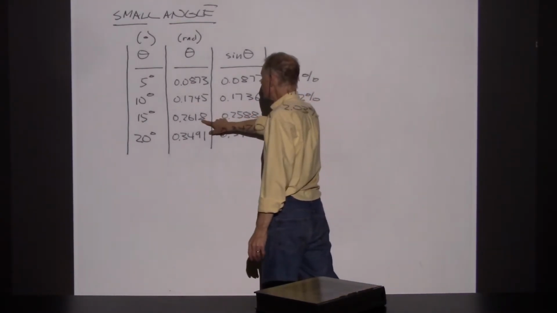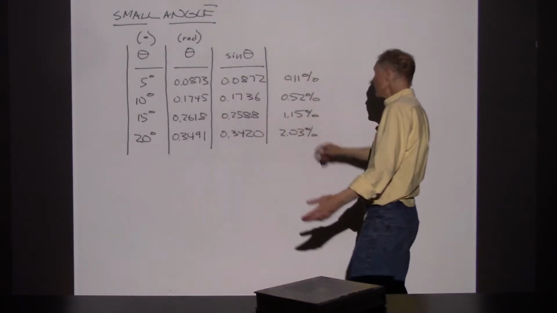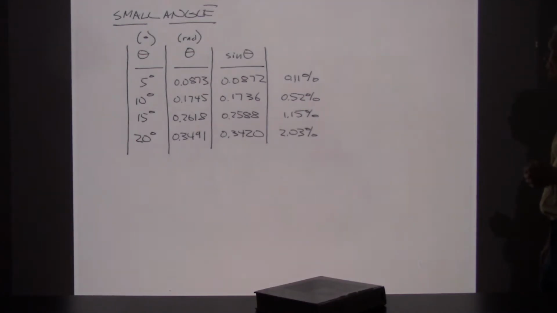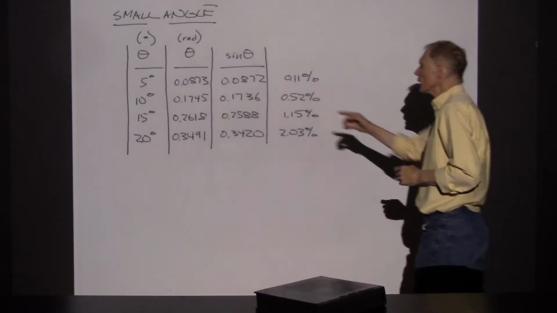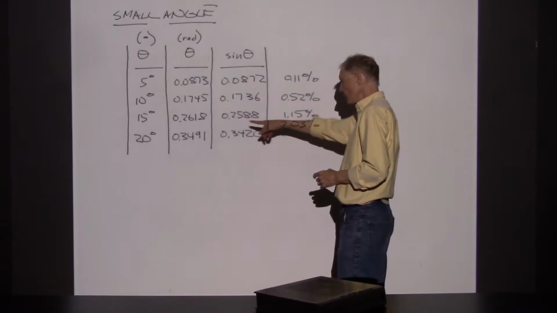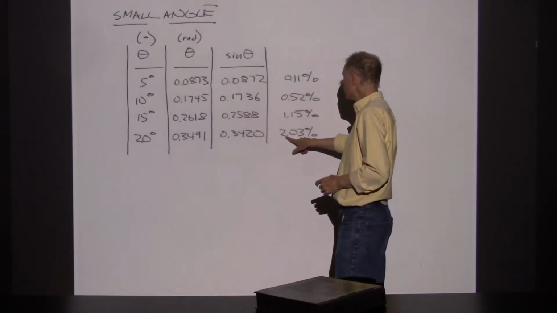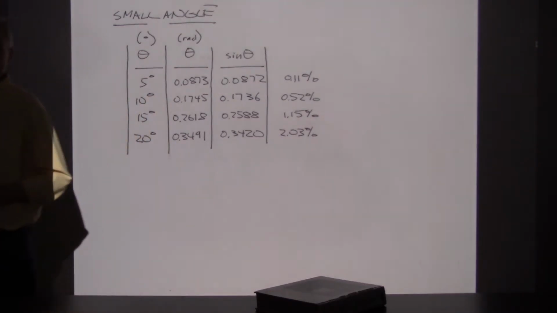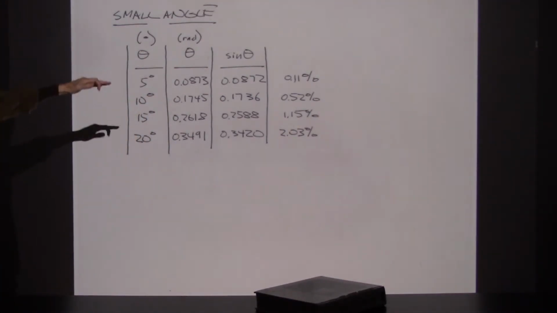By the time we get to 15 degrees, we're still within one, well, not within, but just barely beyond 1% difference. But then it grows. At 20 degrees, it's up to a 2% difference, and as the angles go up, it becomes pretty significant. And so if we keep the angles down around 5 or even 10 degrees, we're going to be very accurate.